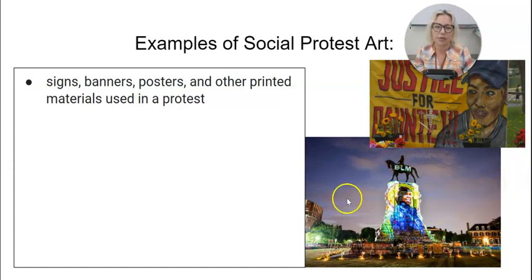Here is another one that's not a banner, but it's kind of an unusual one. It's a projection of a photograph of Breonna Taylor onto a statue of Robert E. Lee on Monument Avenue in Richmond, Virginia in July 2020.